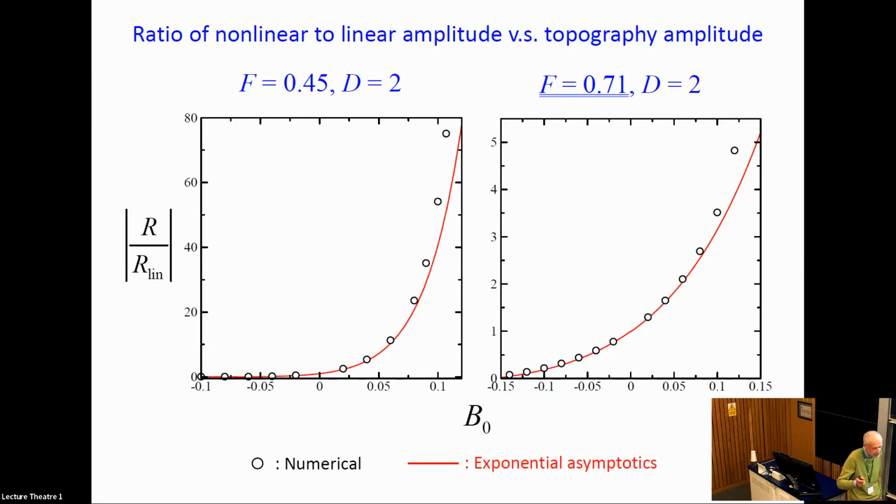But the actual amplitudes, of course, are smaller as the Froude number becomes smaller. So this is a situation where you cannot call Froude number 0.71 a small Froude number. And yet, as you can see, the theory is doing very well. And of course, linear theory, essentially, except close to zero, where the ratio is 1, is not doing well at all. It has very, very limited ability.